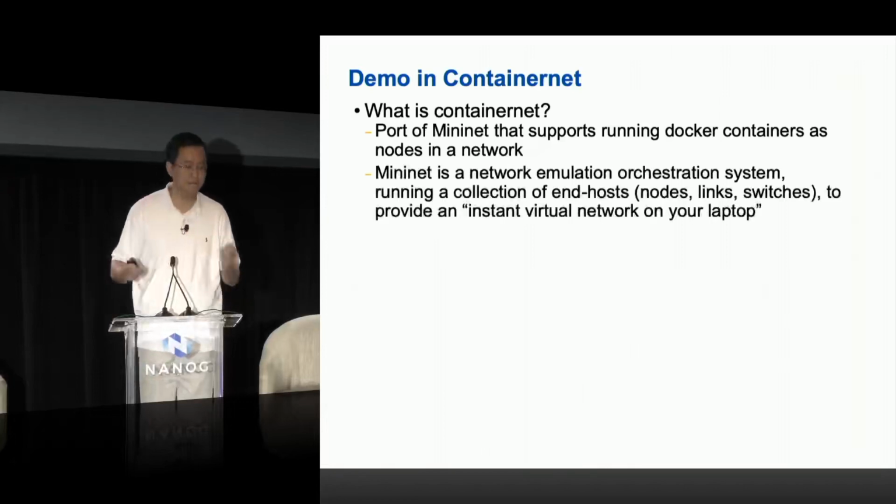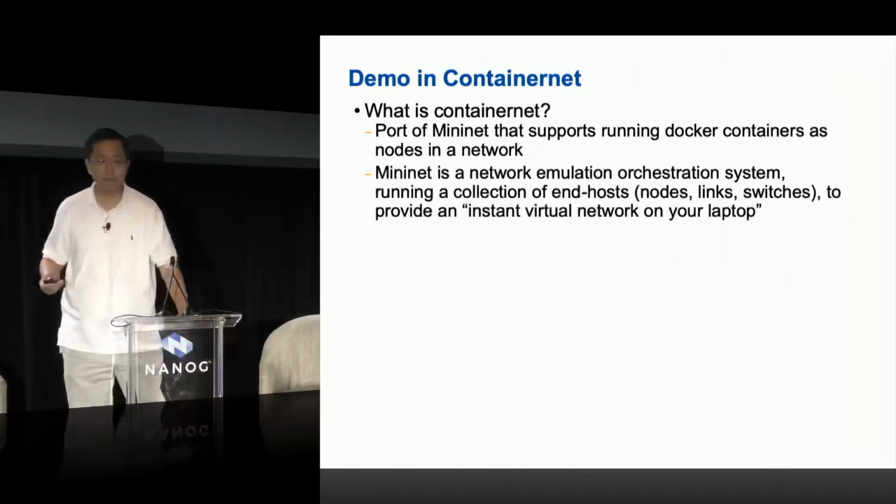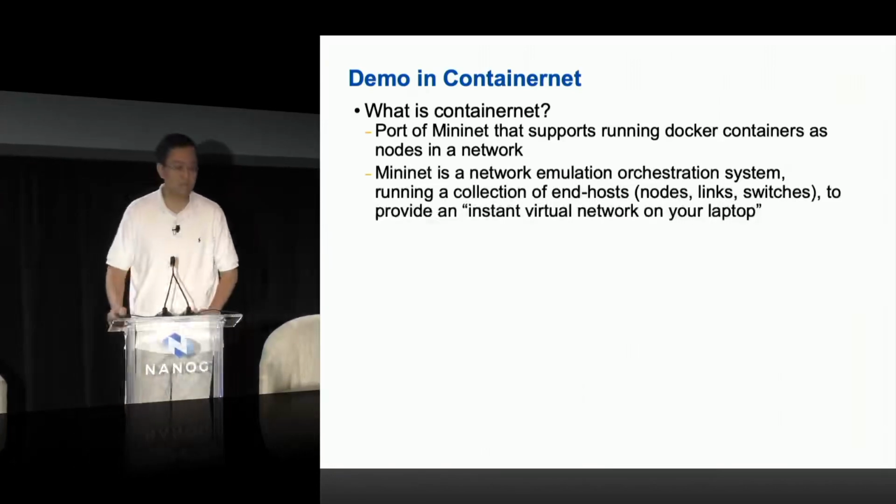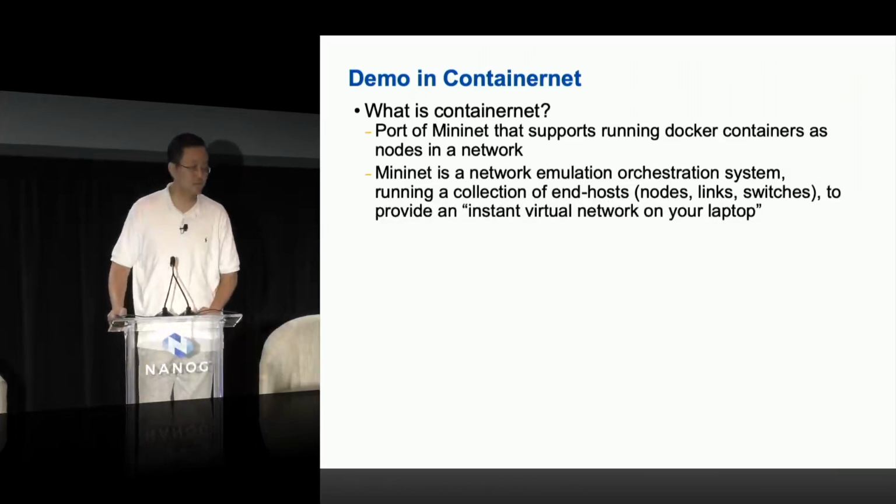So what is Mininet? Mininet is defined as a network emulation orchestration system that allows us to run a collection of endpoints, nodes, links, and switches to provide an instant virtual network on your laptop. It does this by using network namespaces so that you can create nodes on the laptop to emulate the presence of a host.